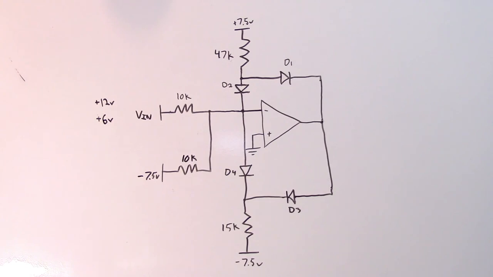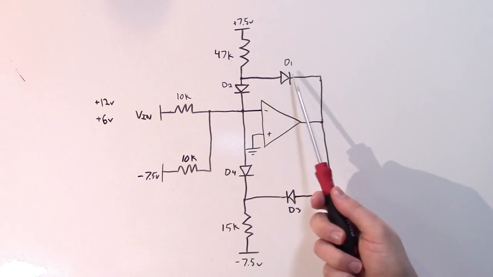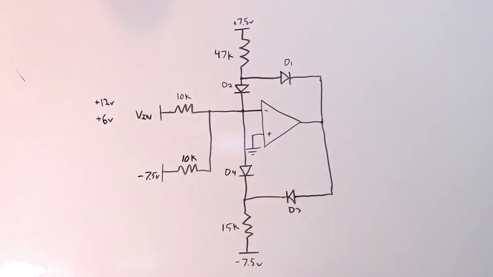The other issue is you have some additional errors introduced by the variation in voltage drops across your diodes, which you really can't control very well with discrete components. So you do have some additional error there. So if you need a precision comparator, this configuration is probably not the best. But most comparator circuits don't need to be that precise, and so being able to have a window comparator with one op-amp is certainly quite useful.